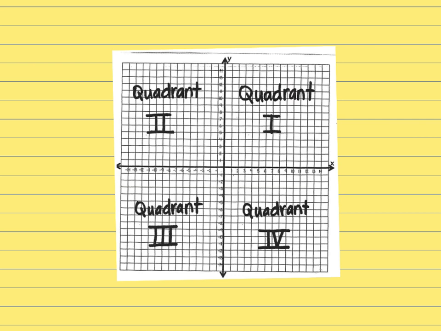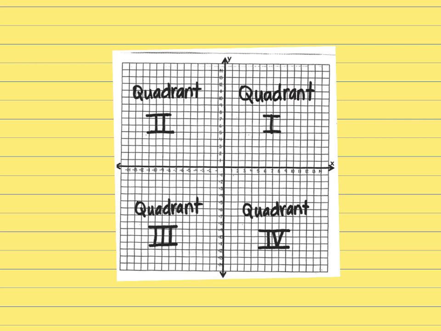So on this page, what we have is the coordinate graph, and the quadrants are labeled. It starts in the upper right-hand corner, and it goes counterclockwise to quadrant 2, quadrant 3, quadrant 4. Now what I'm going to put on the side is the way the ordered pairs would be labeled as in positive or negative.